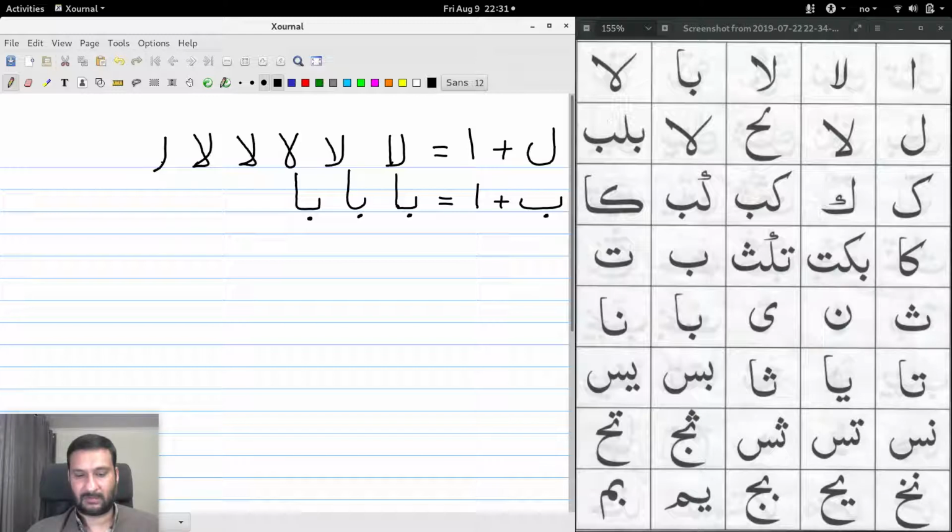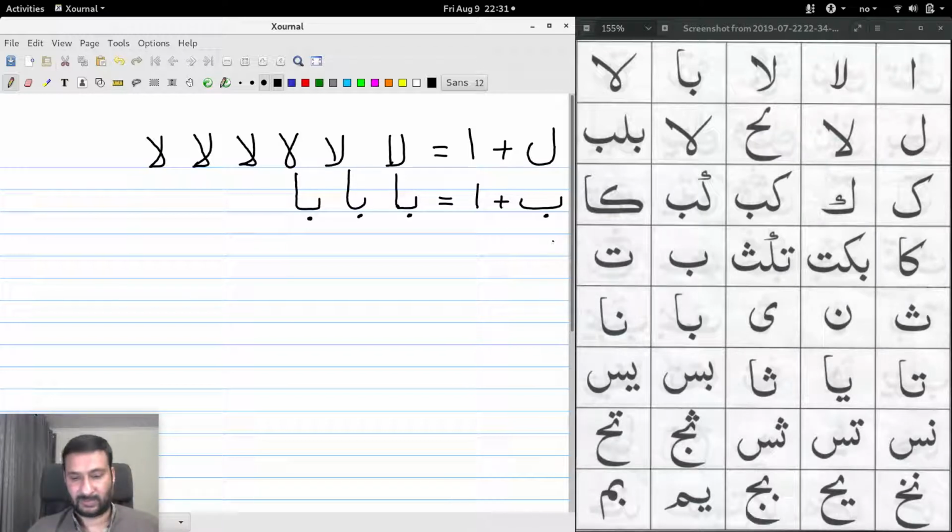So Lam, Lam, and then Alif comes from the back and then joins like this, Lam Alif. Alright, so you just have to practice and say these alphabets the way I'm saying them, and try to recognize these letters. Next comes Lam Ha.